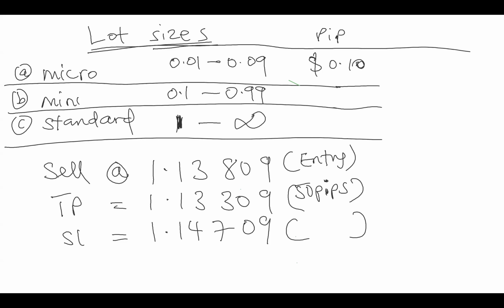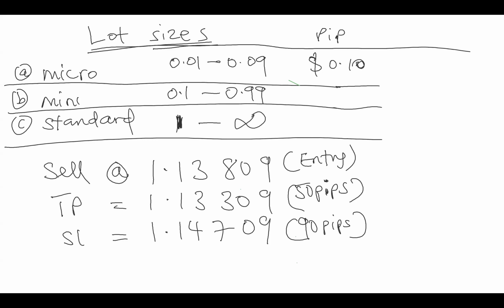It is not a JPY pair, right? If you want to get how many pips difference, you simply use the SL minus the entry price, and that gives you how many pips it is. So this is 90 pips, right?